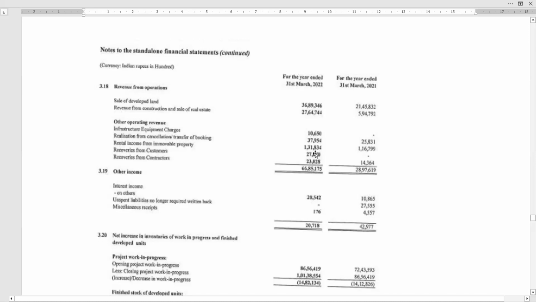If you remember, when we discussed lease entries and investment property, in case they have held any property for the purpose of leasing, then they should have shown it as investment property, right? But I don't see any investment property in their fixed assets.